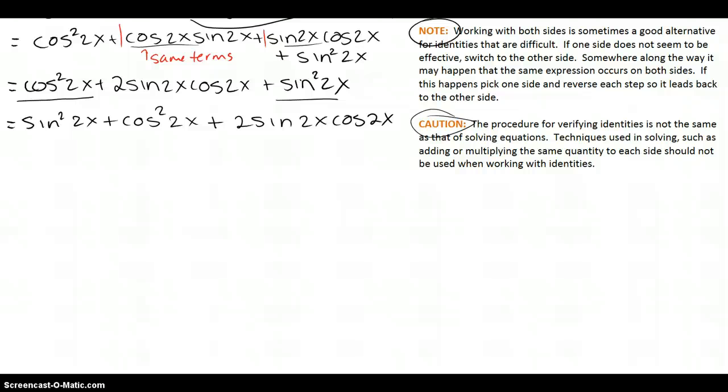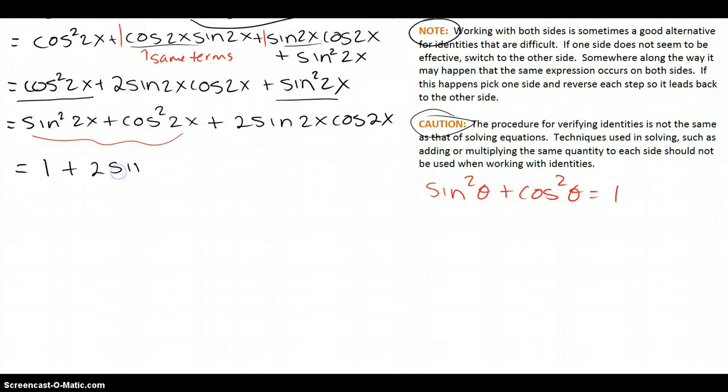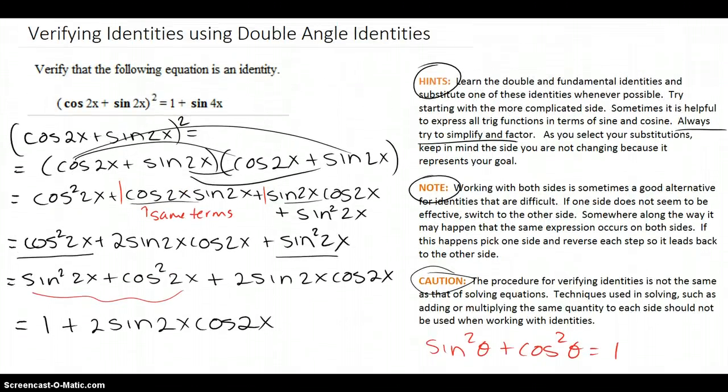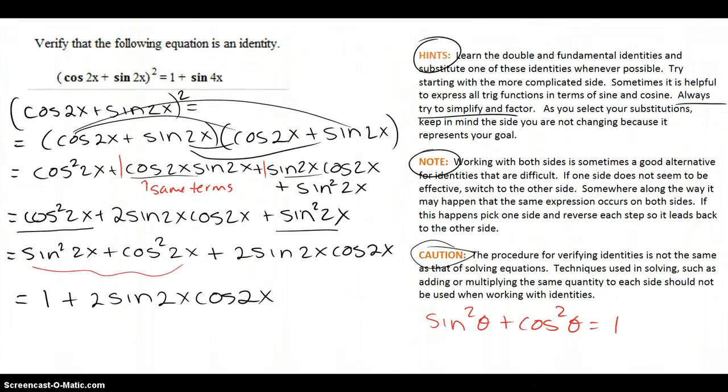We know that sine squared of theta plus cosine squared of theta equals 1. It doesn't matter what the theta is. So we know this is equal to 1. So I knew that goal because now I have that 1 there.